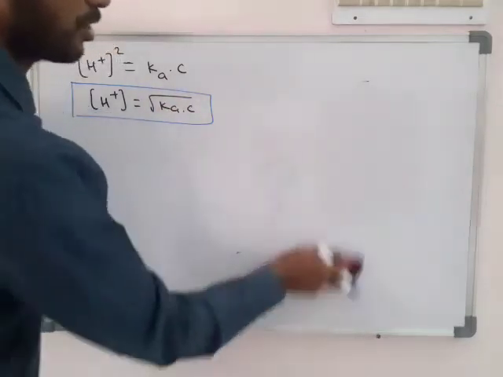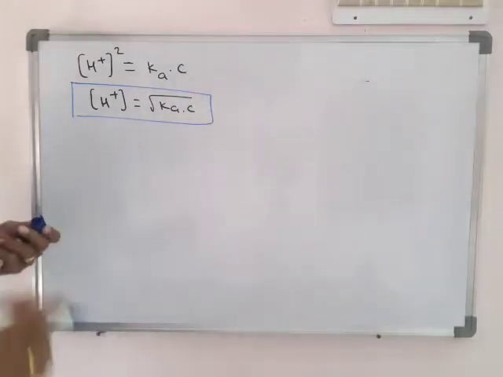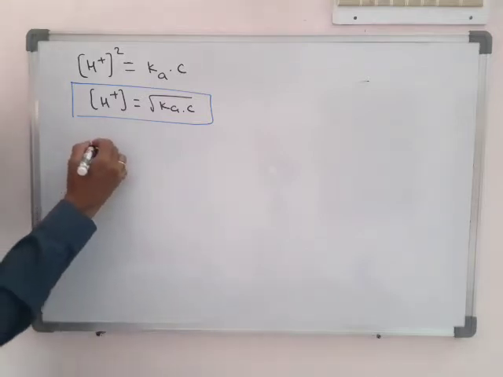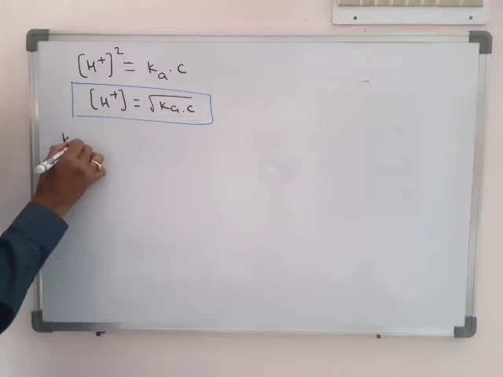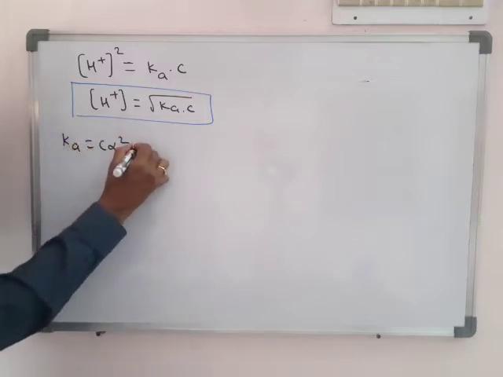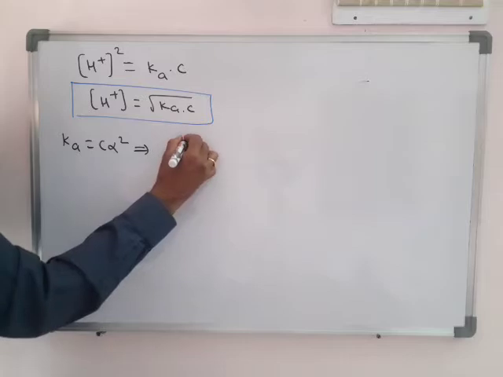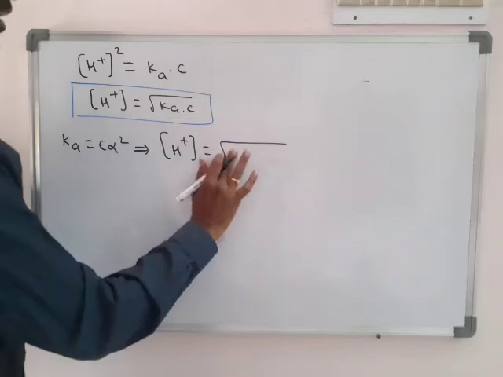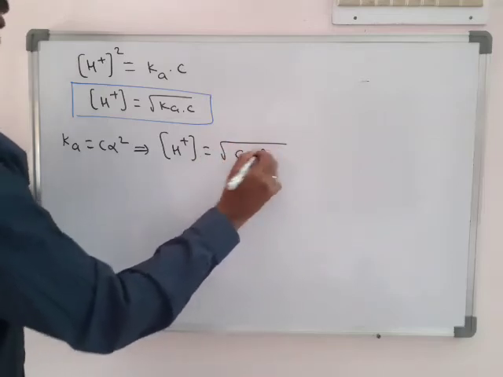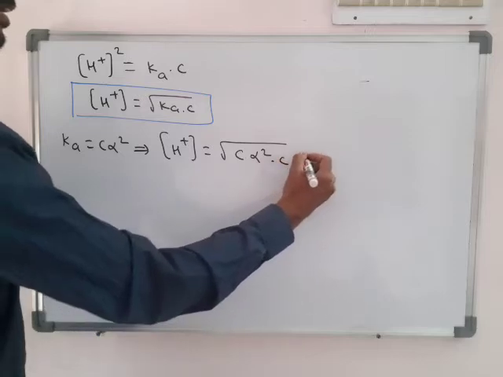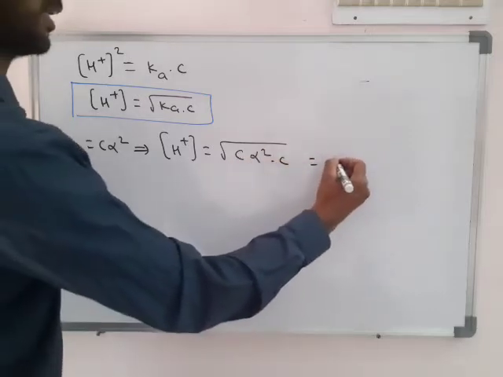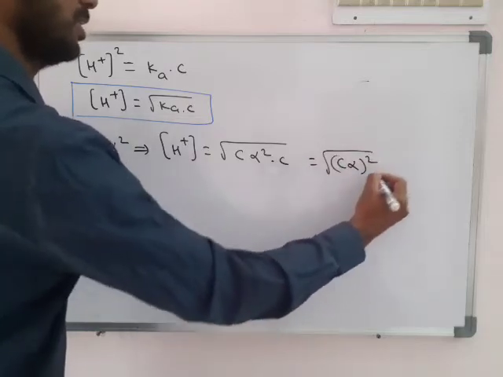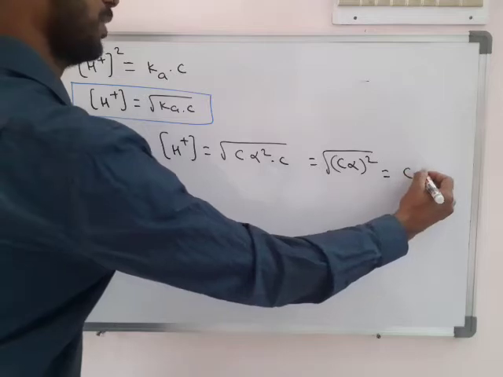If the information is given in terms of alpha, we already know that Ka is equal to C alpha square. By applying that here, we get H plus is equal to root of, in the place of Ka we can write C alpha square, again C is there, so totally C square alpha square. C square alpha square means C alpha whole square, so root and square get cancelled, becomes only C alpha.